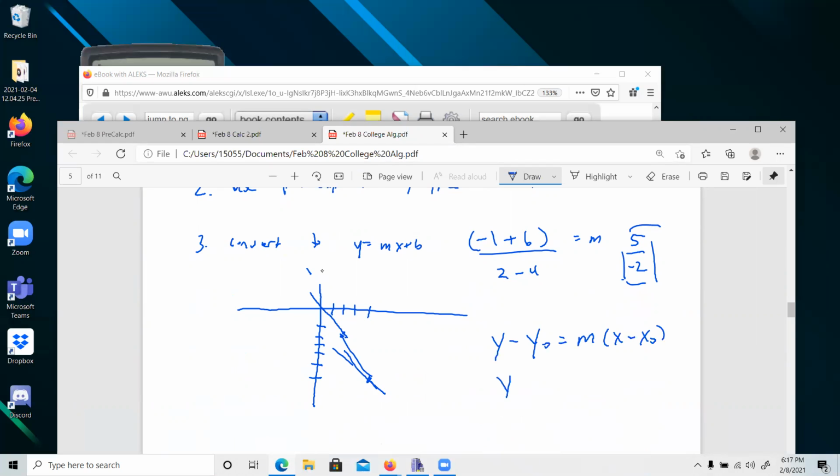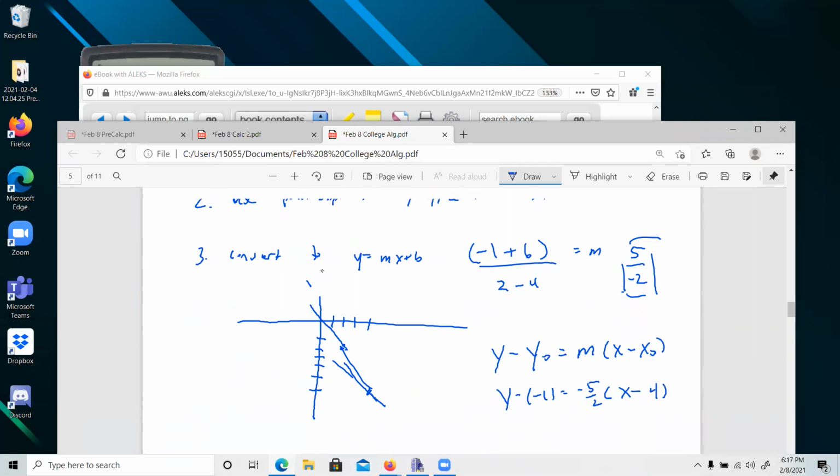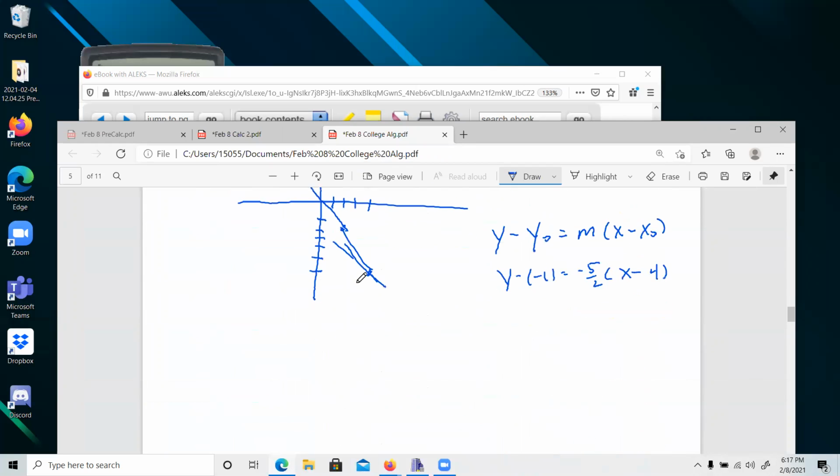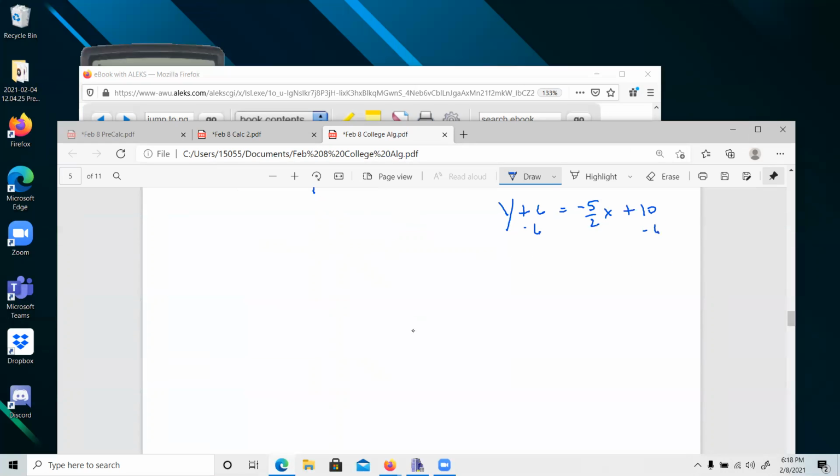So y minus -6 is equal to m, which is -5/2, times (x minus 4). So y plus 6 is equal to -5/2 times (x minus 4). Subtract 6 from both sides, and we end up with y equals -5/2 x plus 4.